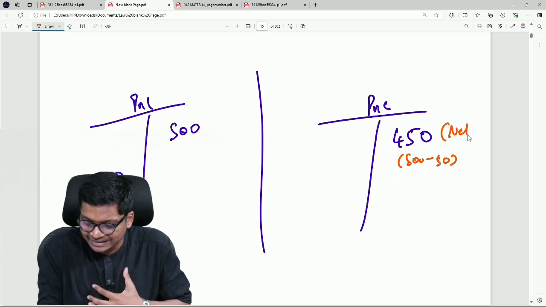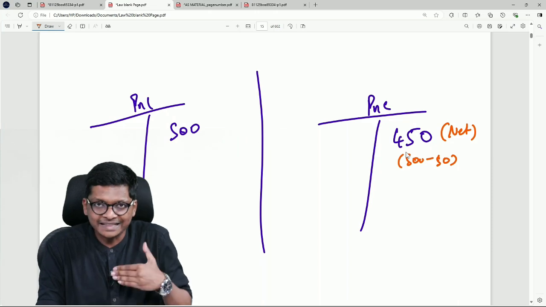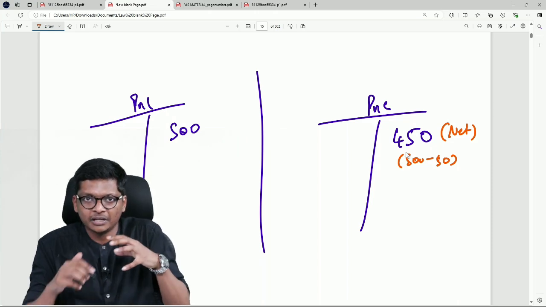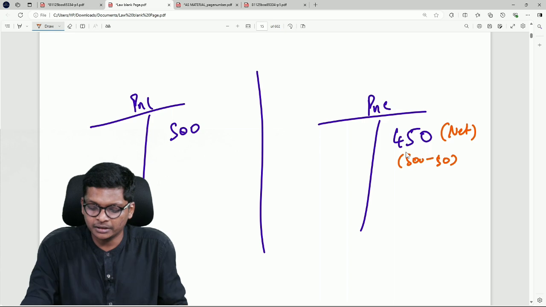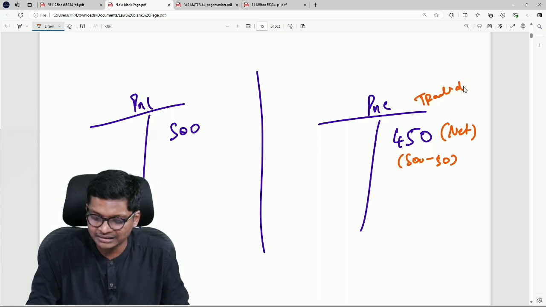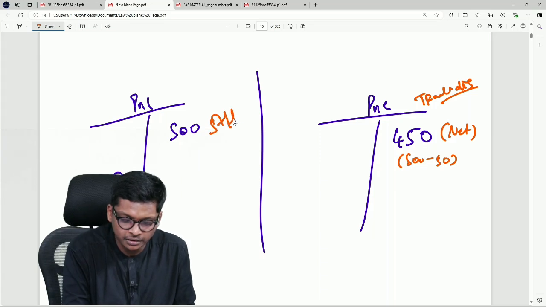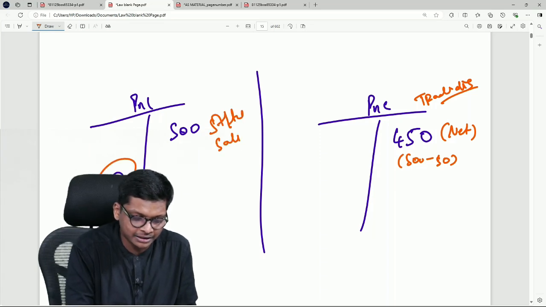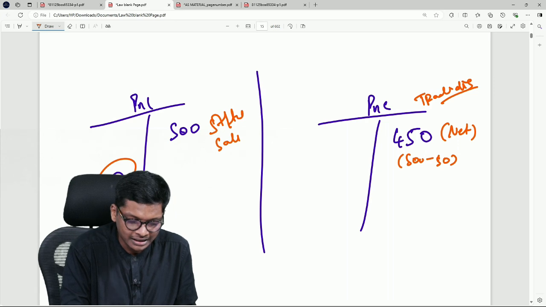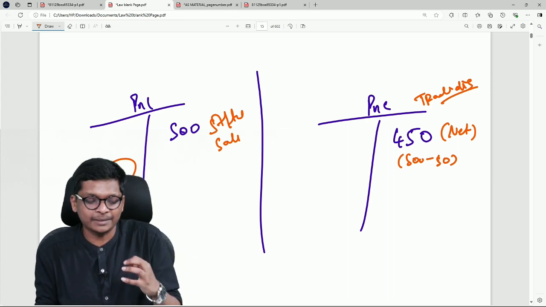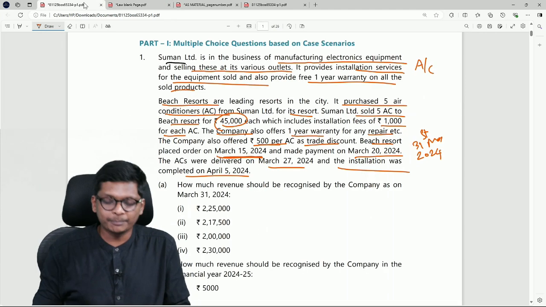Recognizing sales net of discount is at the time of sale itself. When you are doing the sale itself, if you get discount, that is called trade discount. If you get discount later after sale, that is called cash discount. Here we are getting the discount at the time of sale itself. This is the brief of the question.